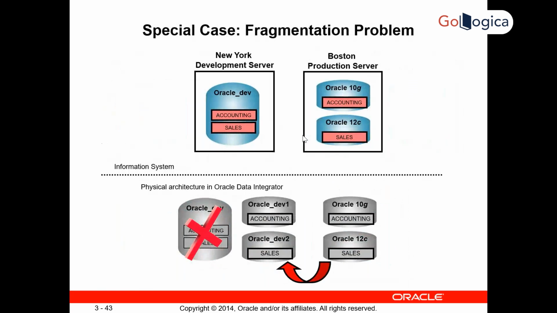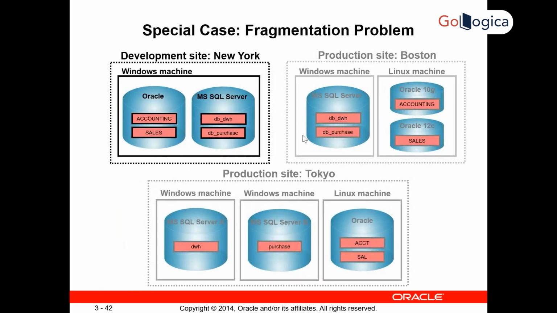Now, for example, if you see my development environment, it has to replicate my production environment. Do you think how many data servers are required to be defined in my development environment in New York?